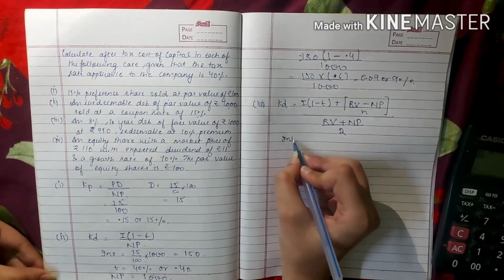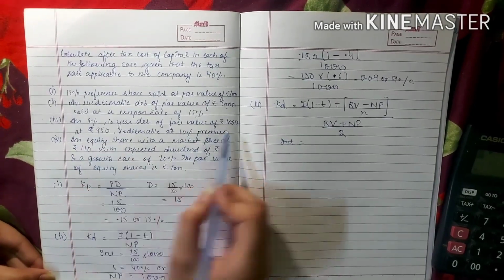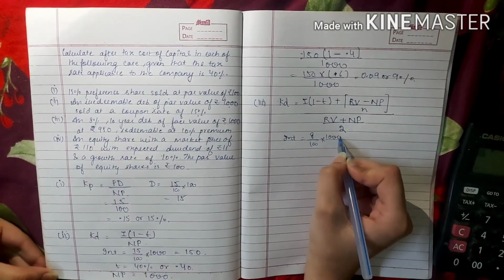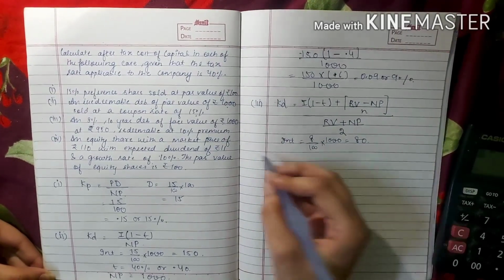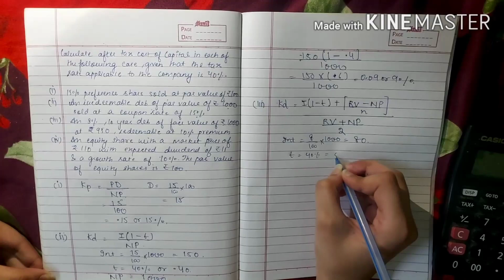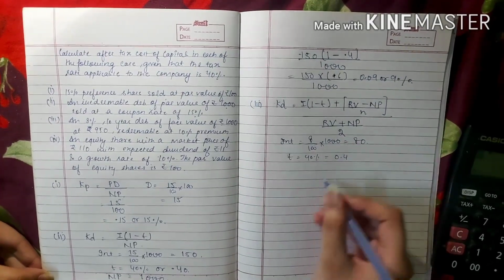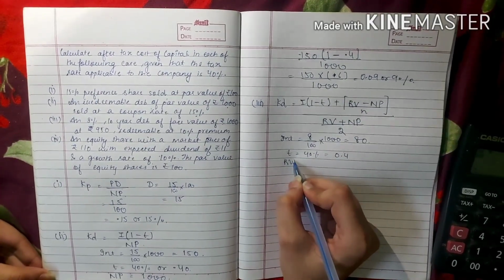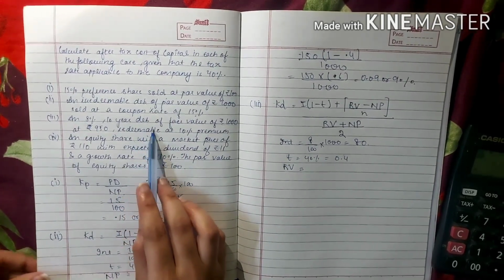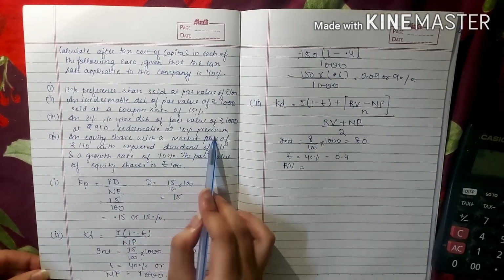Interest is 8% of 1000, that is rupees 80. Tax rate is 40% or 0.4. Redeemable value: it is said that the debentures are redeemed at 10% premium.